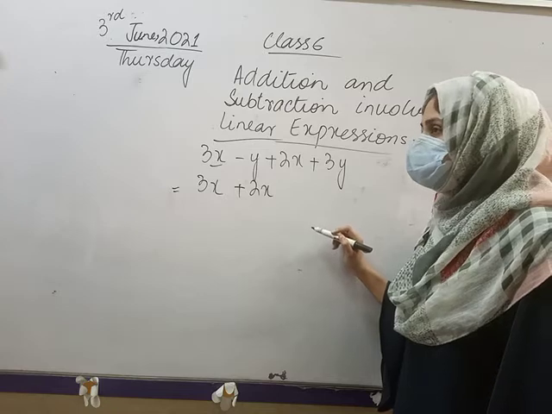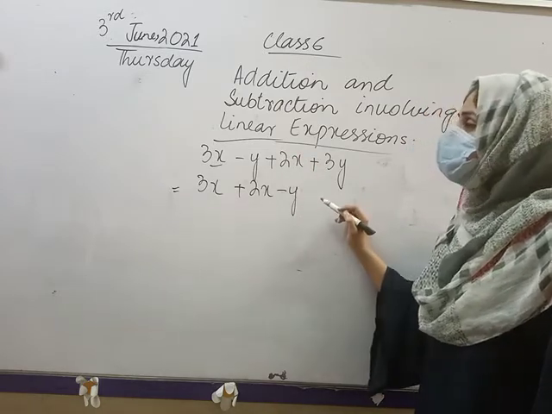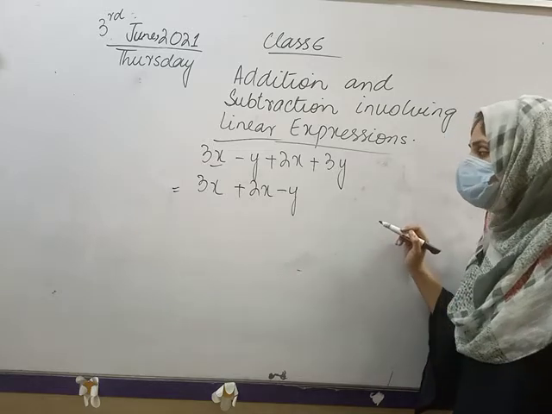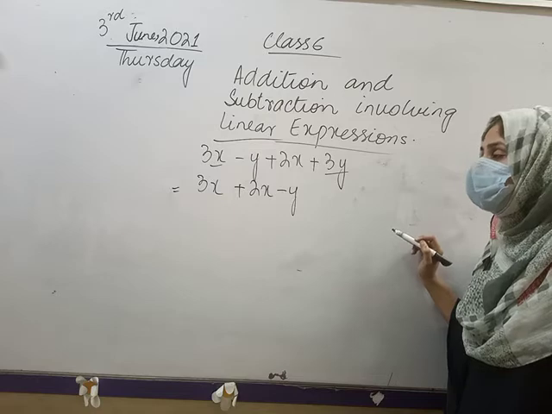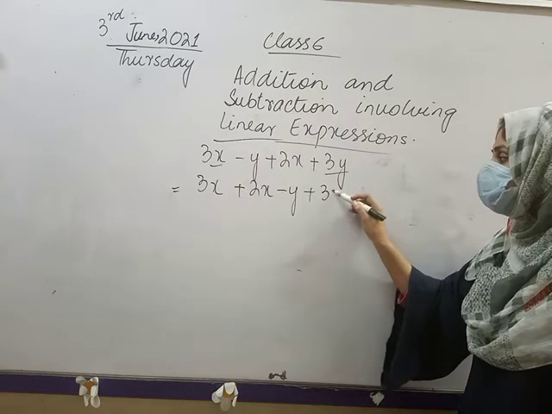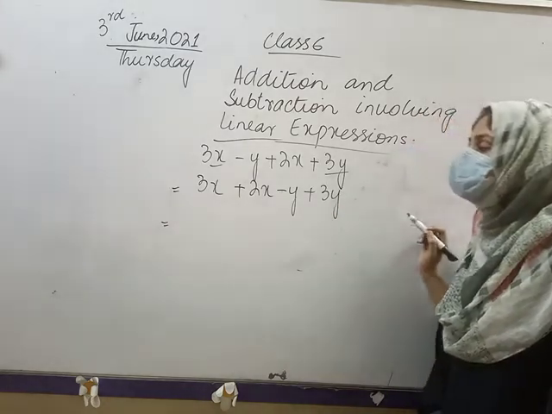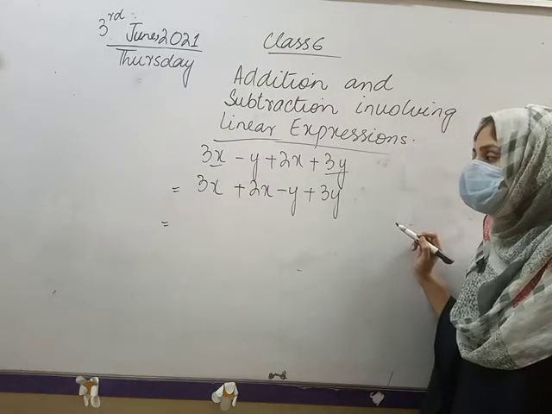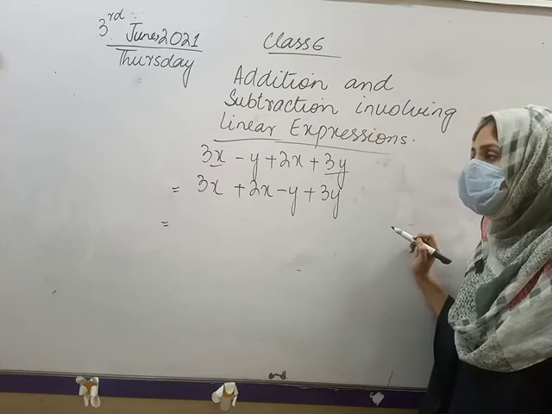I will write as it is. Fine. Now we have another term which is minus y, and we have the remaining term having y also. So we will write 3y with it. So when we combine the like terms, in the next step we will simply make a pair.